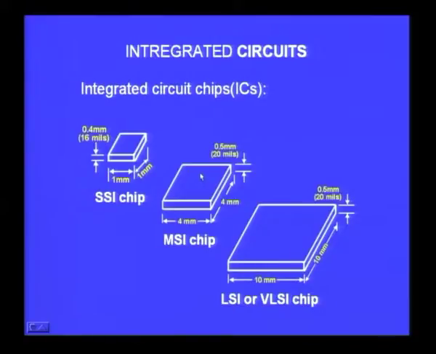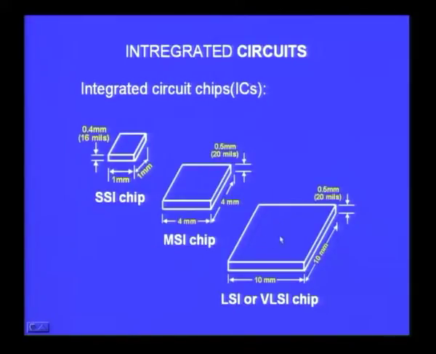So on this one can integrate several tens of components together, and then it becomes an integrated circuit of medium scale integration. Then what is more popular these days is the LSI or the VLSI, where you have components anywhere from 100 to several millions.